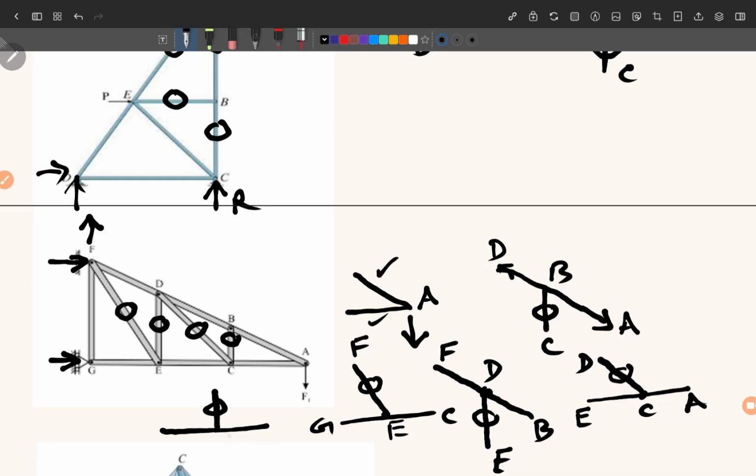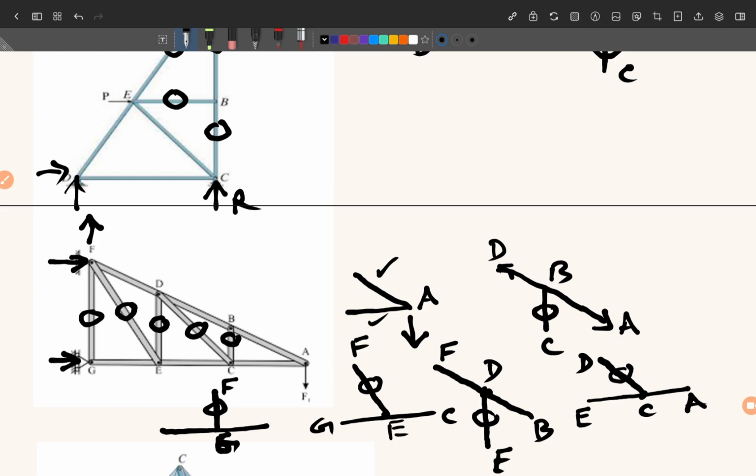So EF G here, so this is G. Okay, and this is F. So this force will also be 0, right? So this way we have identified the 0 force members in this truss.